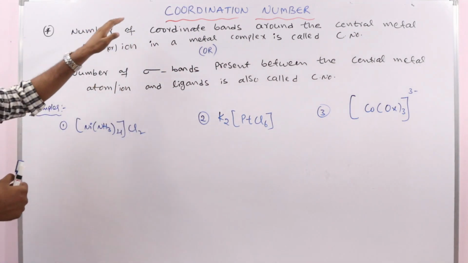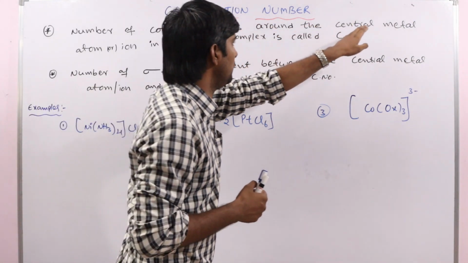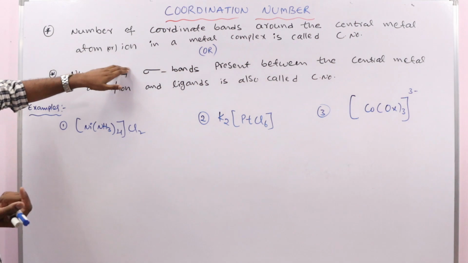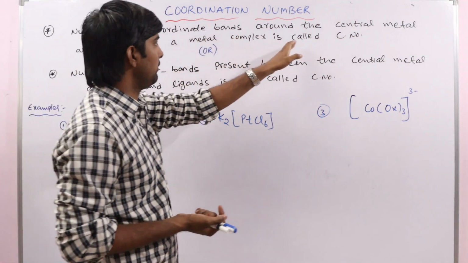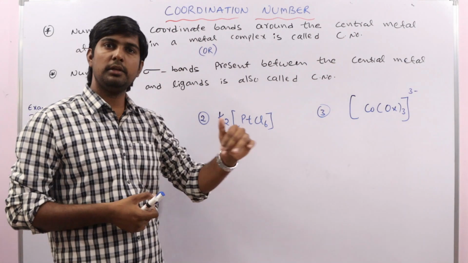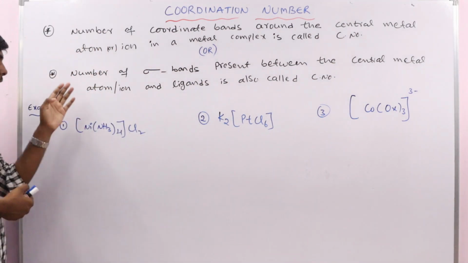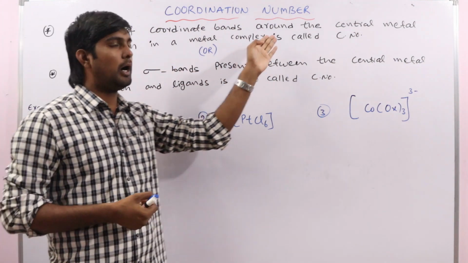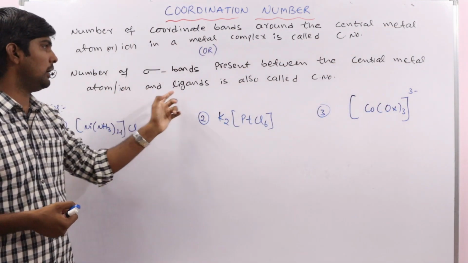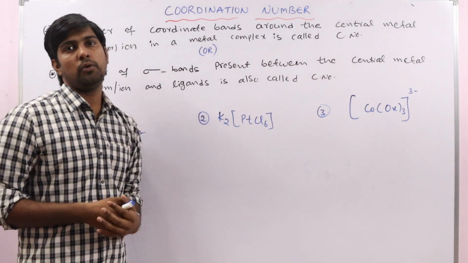So the number of coordinate bonds around the central metal atom or ion, that may be a neutral atom or ion, in a metal complex is called the coordination number. Or we can define this another way also. The number of sigma bonds present between the central metal atom or ion and the ligands is also called coordination number.